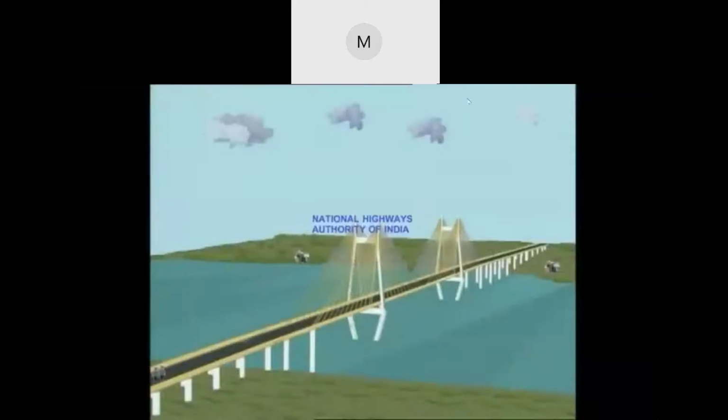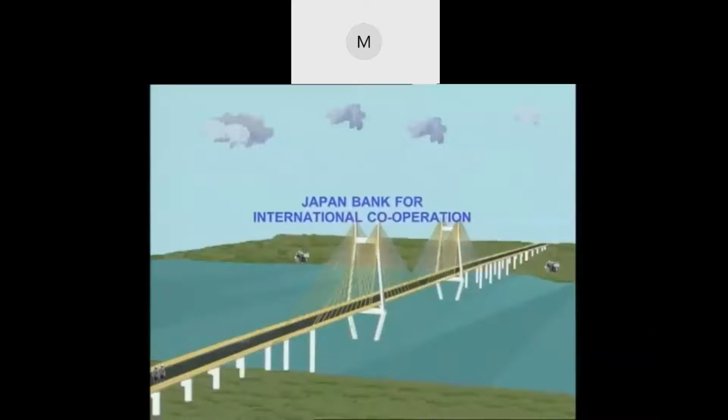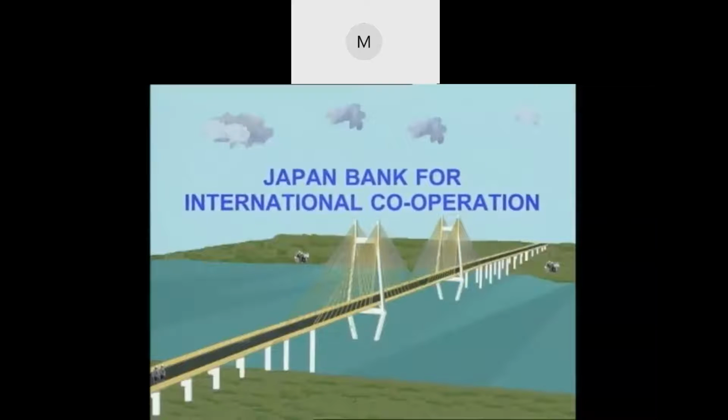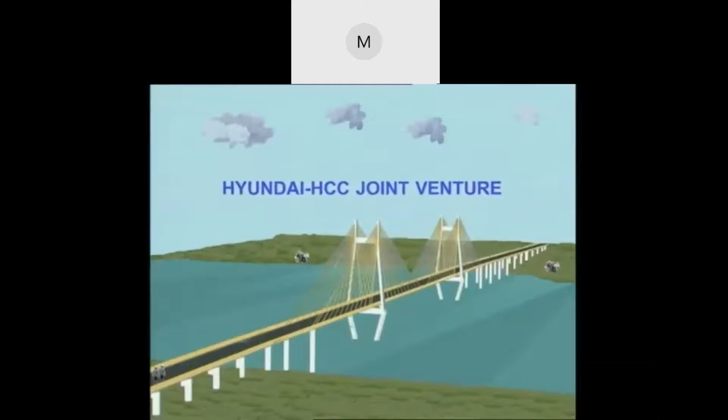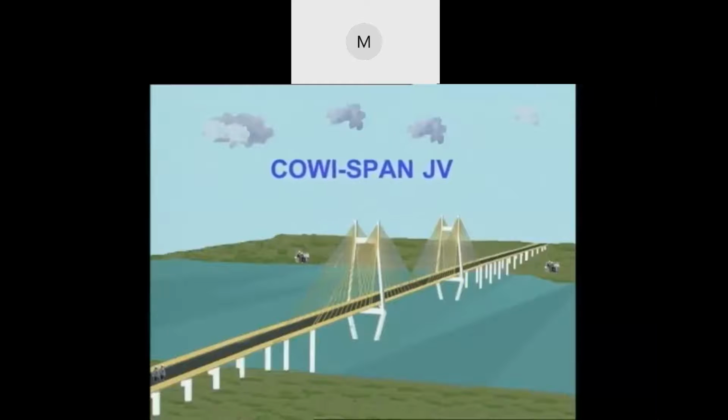To overcome this, the National Highways Authority of India, NHAI, decided to construct a new cable-stayed bridge parallel to the existing bridge under financial assistance from the Japan Bank for International Cooperation. The execution was entrusted to the Hyundai HCC joint venture. The supervision is being done by Covispan JV.